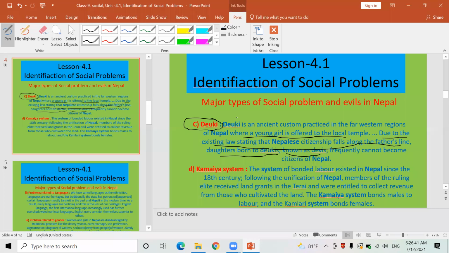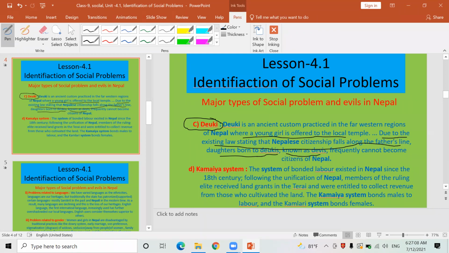Look, in this way, the Deuki system completely violates children's rights. A young girl whose period hasn't even started, having a tender mind and tender body, is offered to the temple where a priest lives.